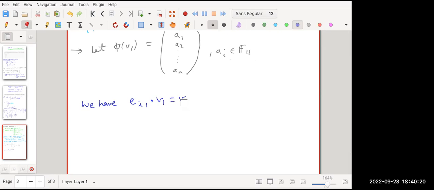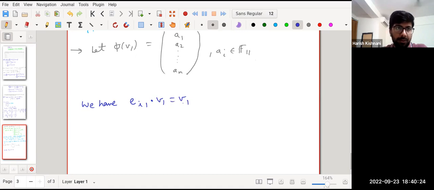Sorry, it is vi. We want v1 here, so we need e1 comma i dot vi. Now this i matches with this i, so you will have this one. Or if you are confused with the notation, let me just write j in place of i, because we were following the eij notation. So e1 comma j dot vj is v1. Okay?